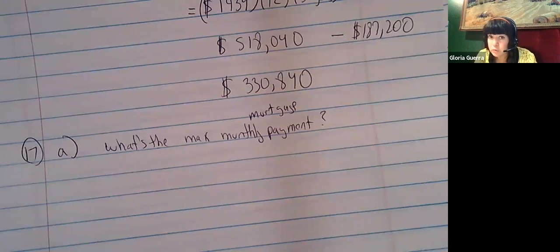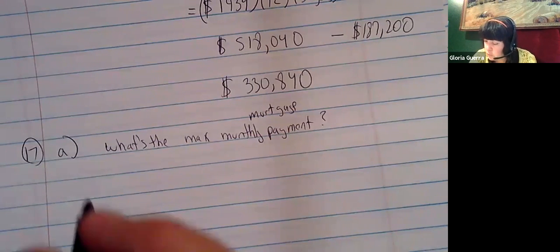So what you have to do with the income is take the annual income and divide it by 12 first.